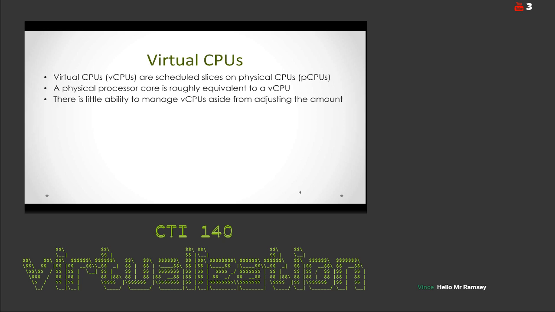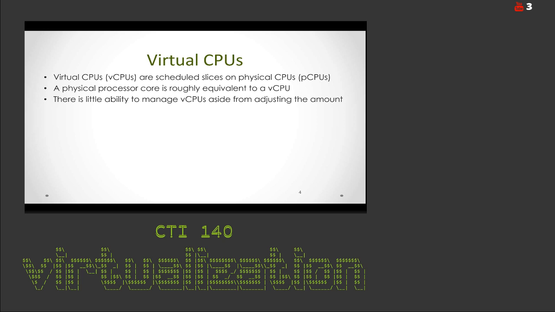We don't have a lot of ability to manage our virtual CPUs in our virtual machines. We can adjust the amount of CPUs that we can give it. If we have an 8-core CPU, we can adjust the amount of cores that we can dedicate to this particular virtual machine.